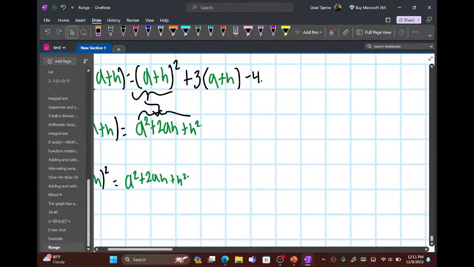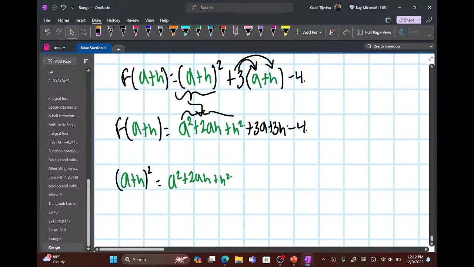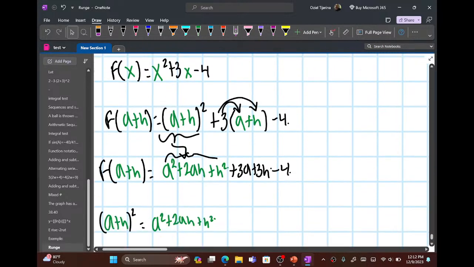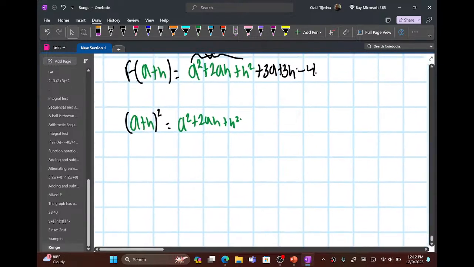Okay, now we're going to do the distributive property, plus 3a plus 3h minus 4. So obviously there's nothing we can combine. You have to look very carefully and see if you can combine anything.